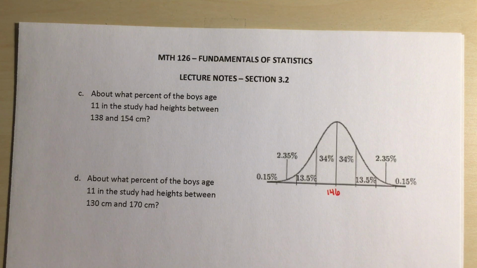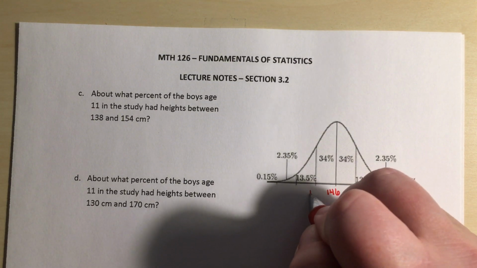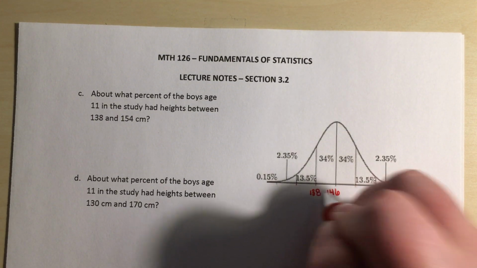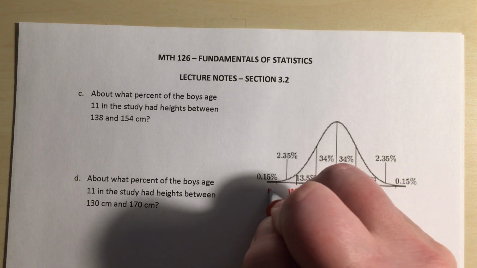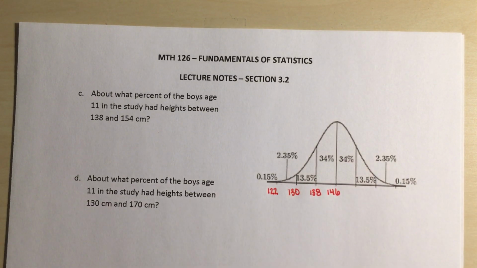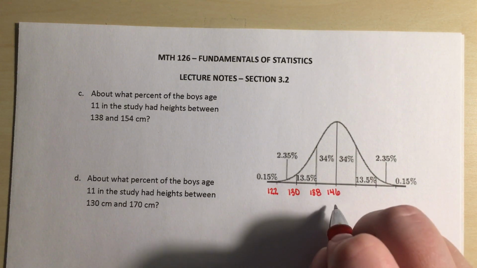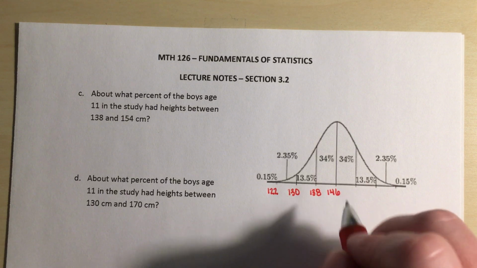As we got smaller, we subtracted 8 to get 138. We subtracted 8 again to get 130. We subtracted 8 again to get 122. We go back to our 146 in the middle and we keep adding 8.